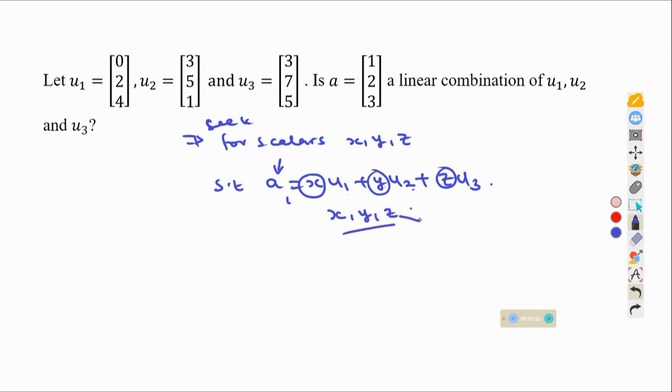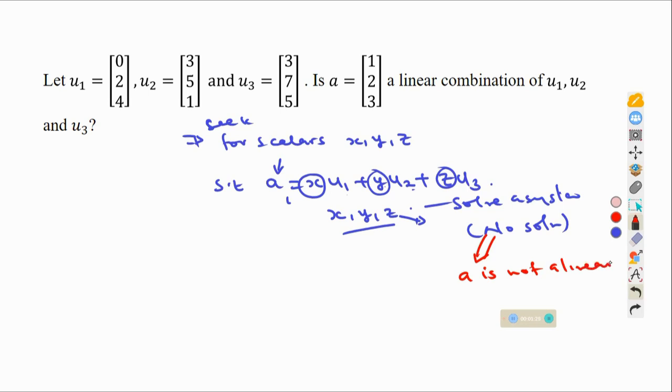In case you solve the system and you get no solution, this means A is not a linear combination of U1, U2, and U3. A will only become a linear combination of U1, U2, and U3 if you are able to define x, y, and z.